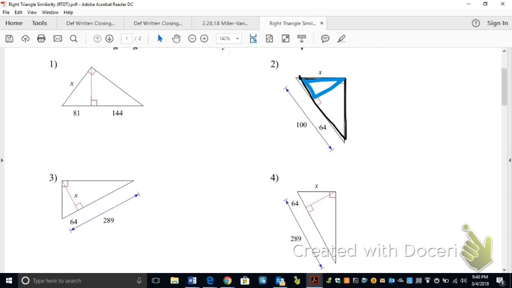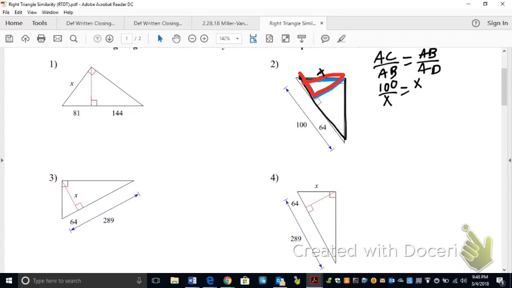Again, that is a red problem because it's the left triangle. So here, when I set it up, AC over AB equals AB over AD. So we have 100, that's my AC, that's my entire original hypotenuse, over x equals x over, now here's the thing.